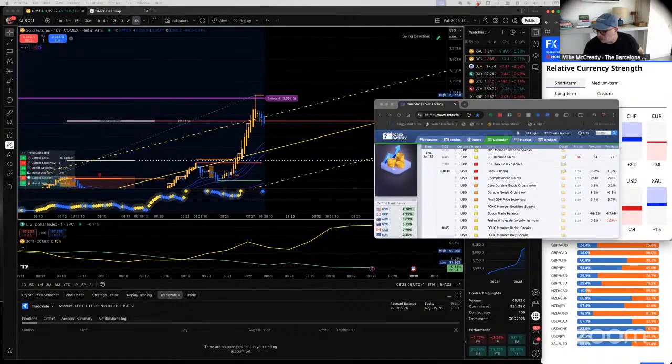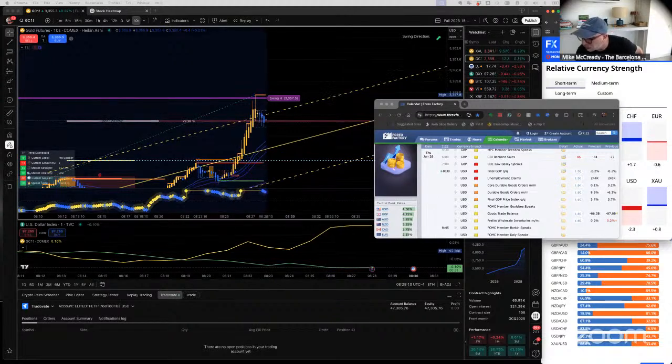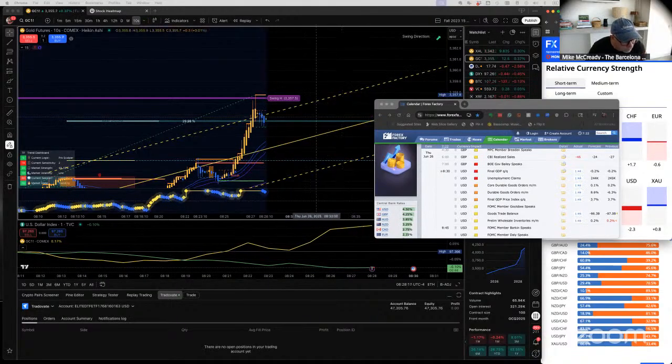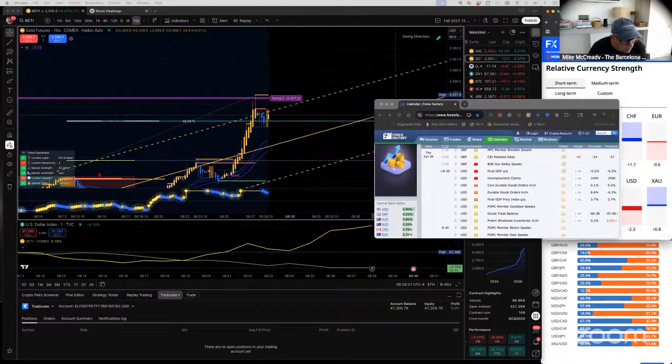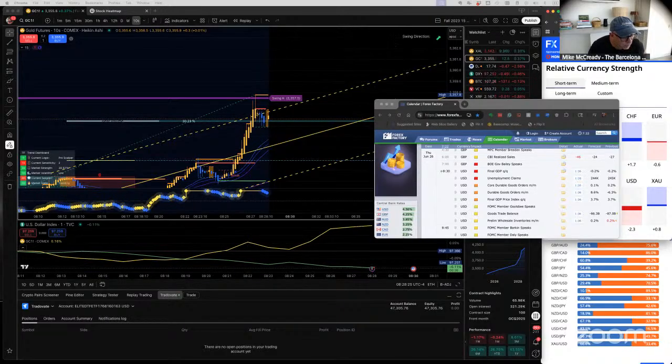Okay, so what's our next stop here? If we're going up, next stop is EM4. EM4, which is at 33.47. Spot chart.